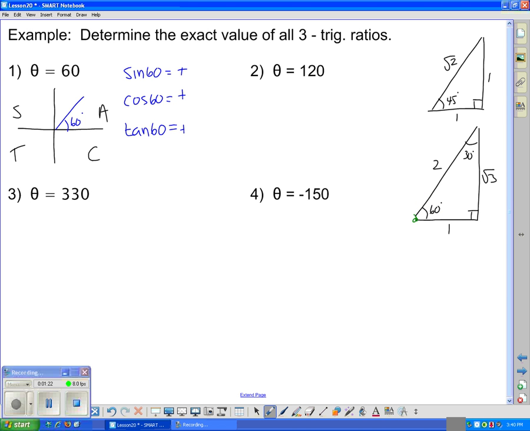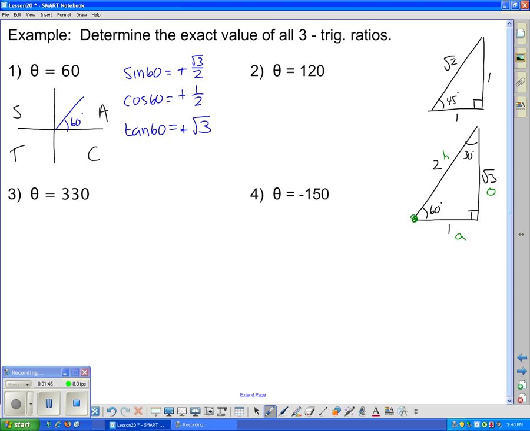So that's my reference angle. I have opposite, adjacent, and hypotenuse. So sine is opposite over hypotenuse, so it will be root 3 over 2. Cos of 60 is adjacent over hypotenuse, so it's 1/2. And tan of 60 is opposite over adjacent, so root 3.